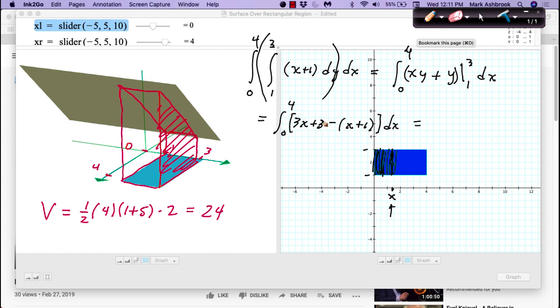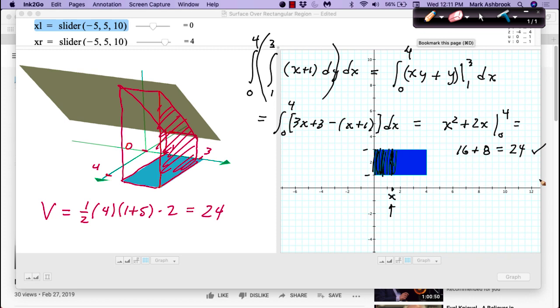And so I think you get 2x plus 2. Is that right? Yeah. Antiderivative, x squared plus 2x from 0 to 4, 16 plus 8. Lo and behold, what do we get? 24.